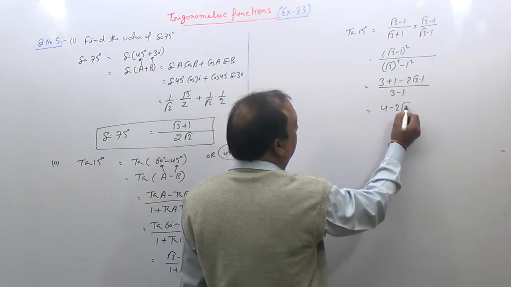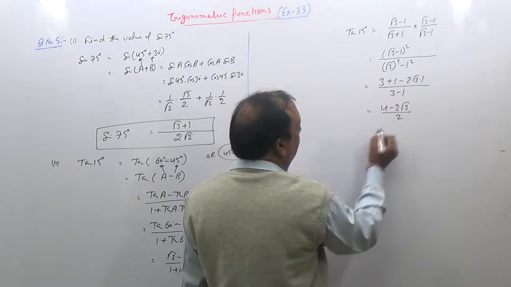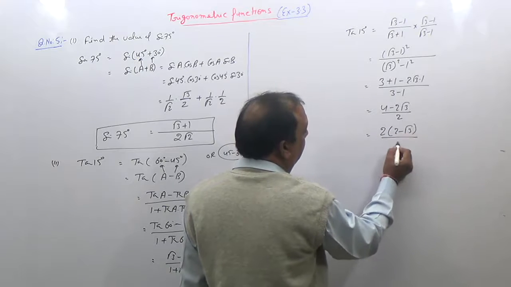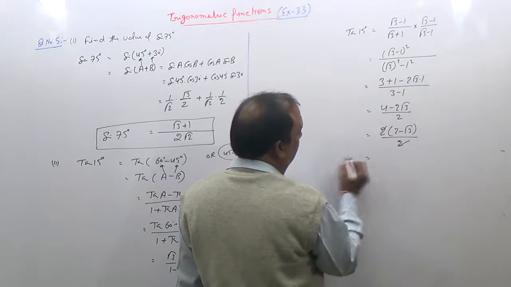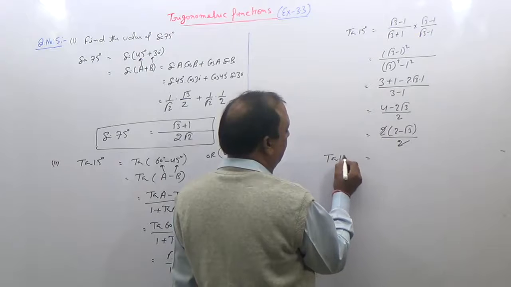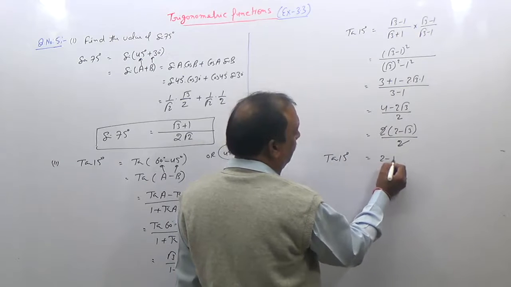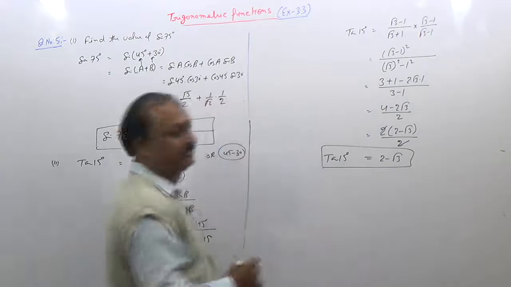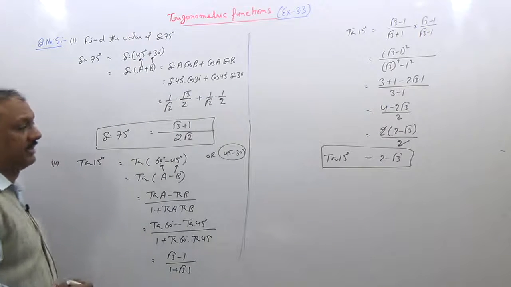That is (4 minus 2√3)/2. 2 taking common, 2 minus √3. So tan 15 degree is 2 minus √3. This is the value of tan 15 degree.